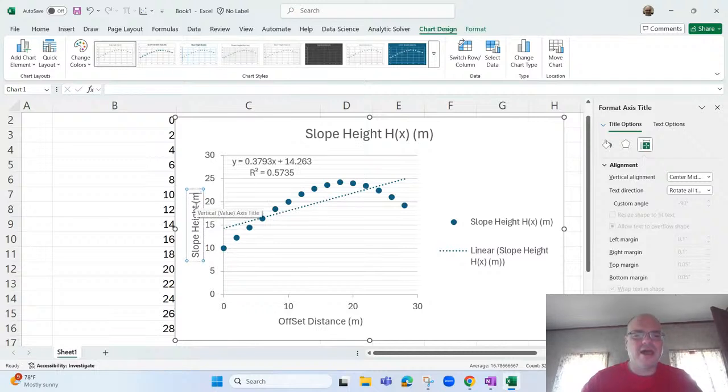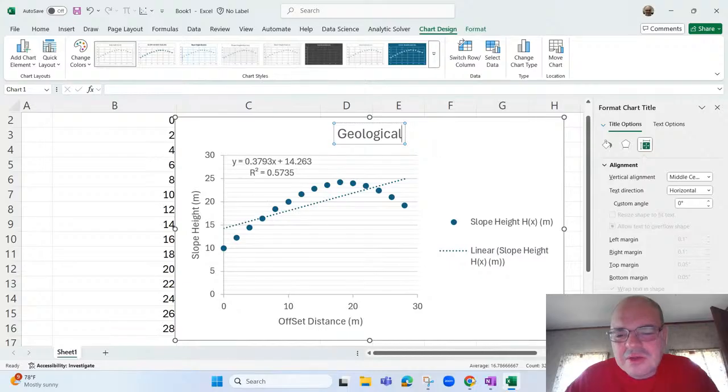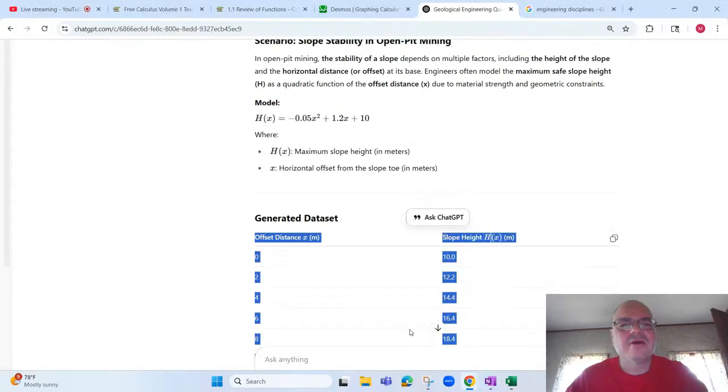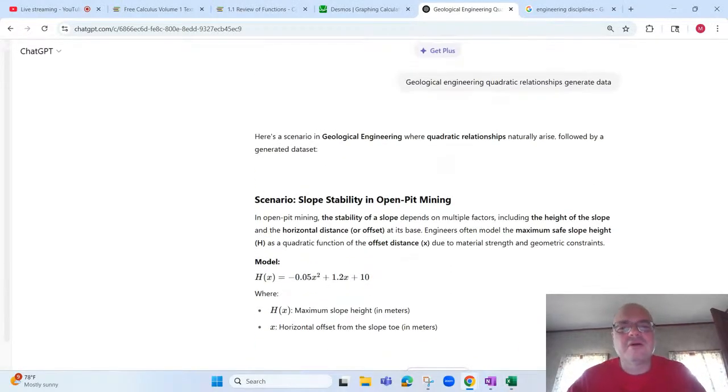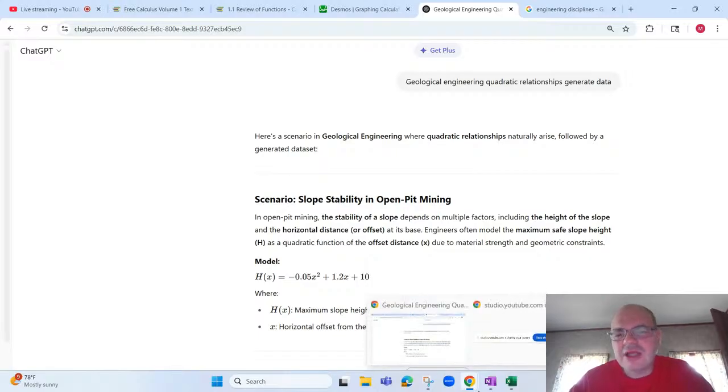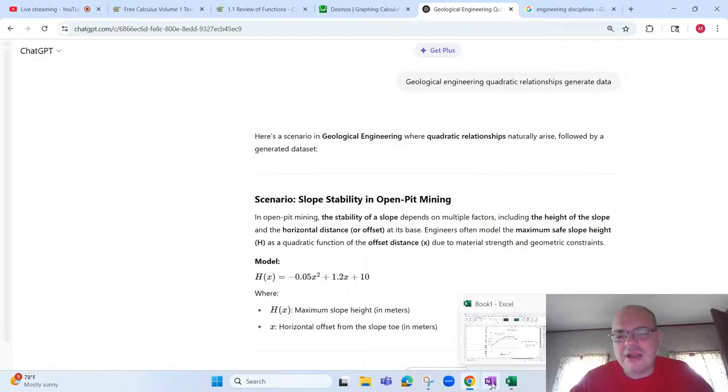And let me remind the viewer that this is geological engineering. Okay, geological engineering with quadratic relationships, great.